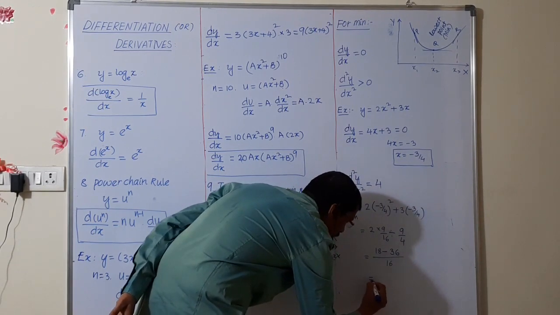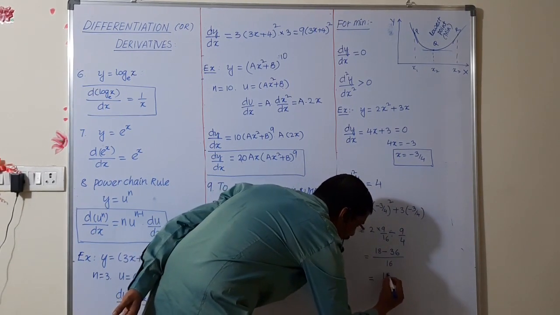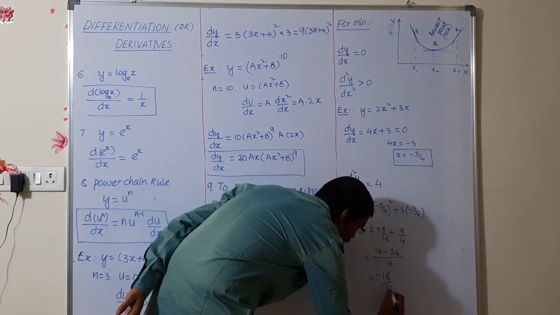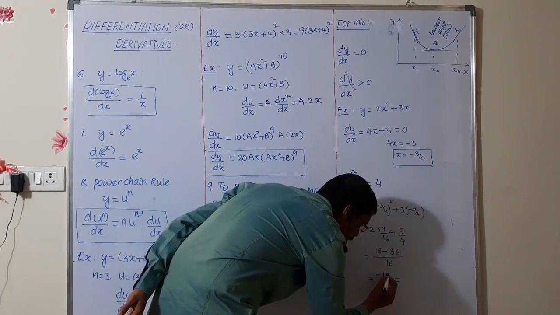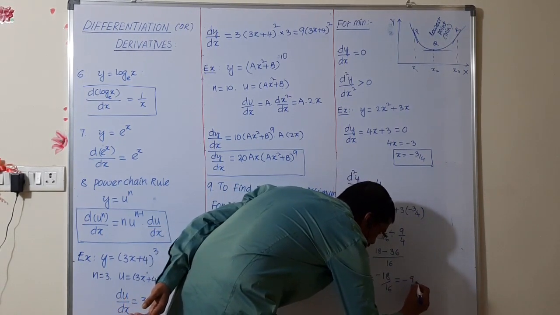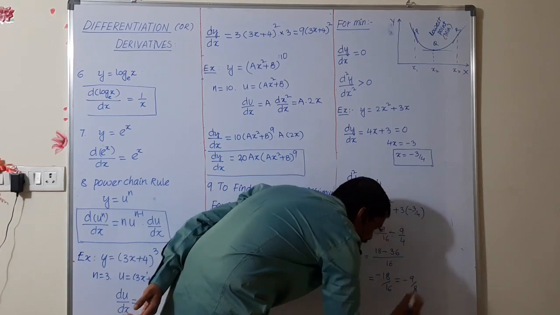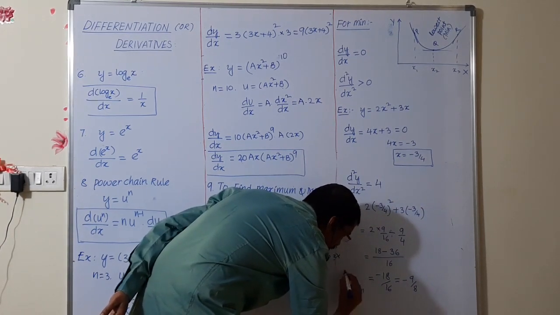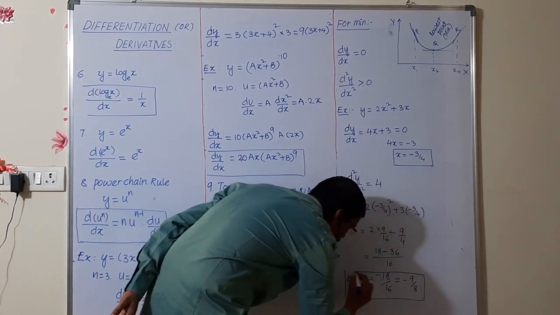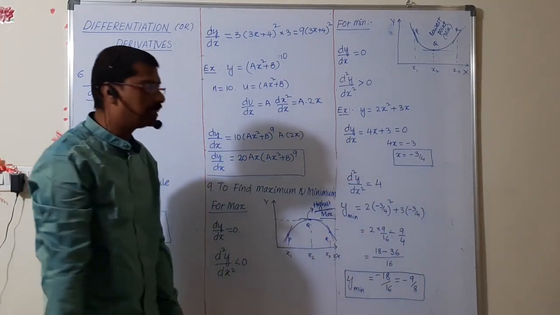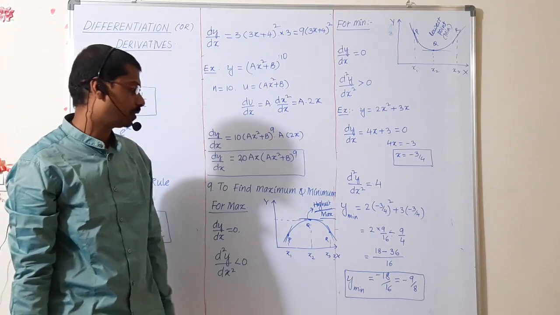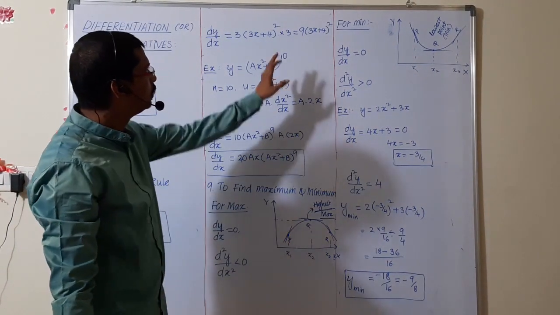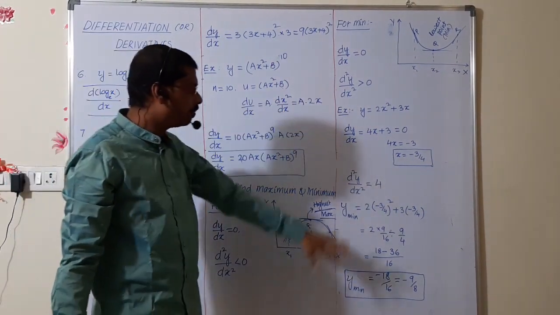Now what is the answer we are getting? Minus 18 upon 16, which we can take as minus 9 upon 8. This is the minimum value of y. Now we will solve another example, whether it is a minimum or maximum.